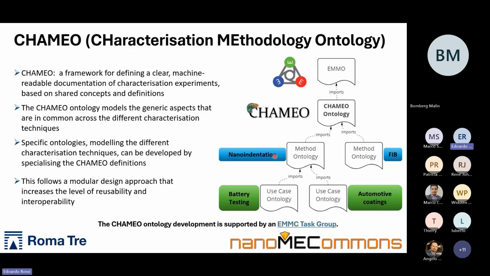So again, a framework that defines in a machine-readable way what is a nano-indentation characterization experiment. And on top of that, there is the high-level ontology, which is the so-called CAMEO. So CAMEO encloses all the high-level concepts that are needed to define a characterization experiment.